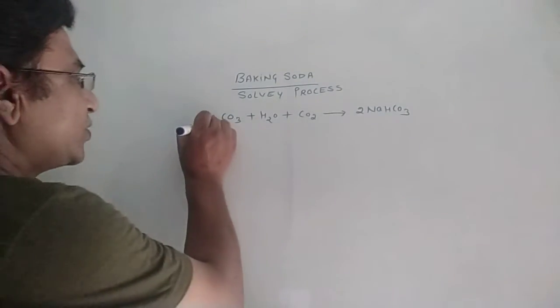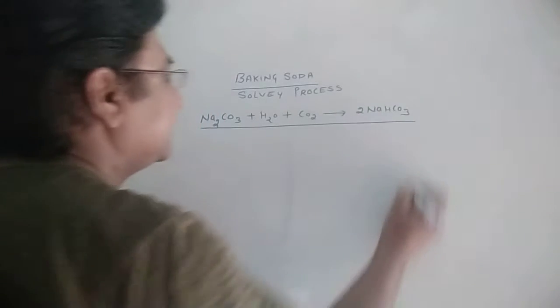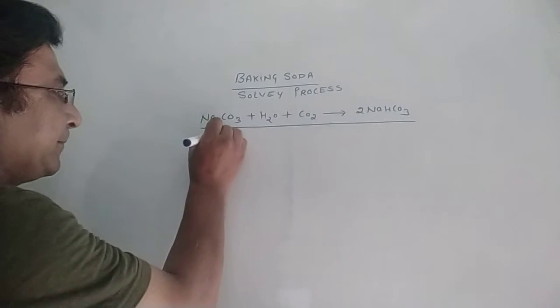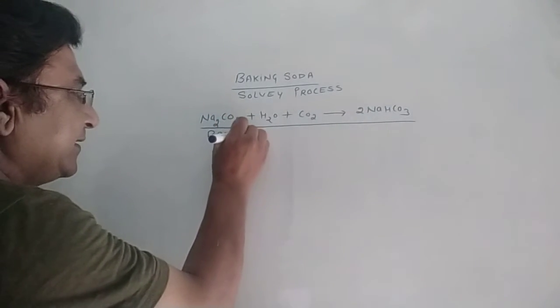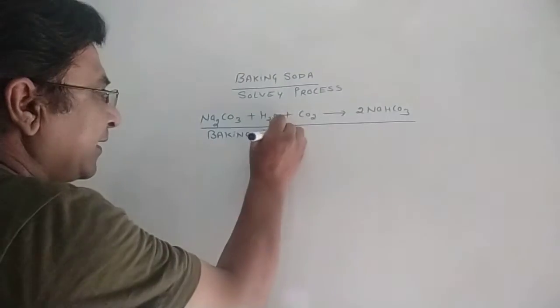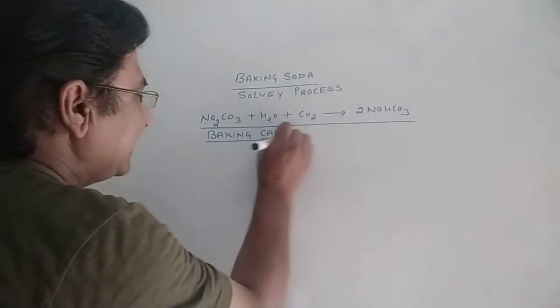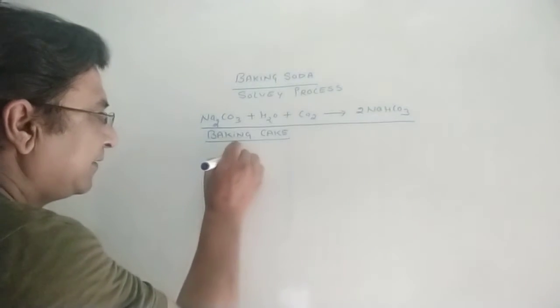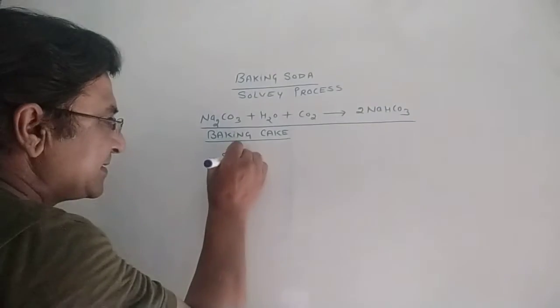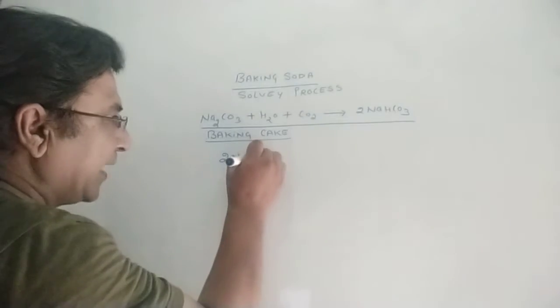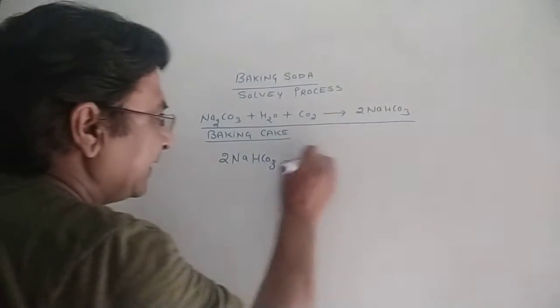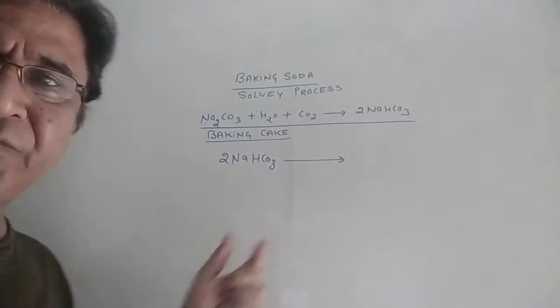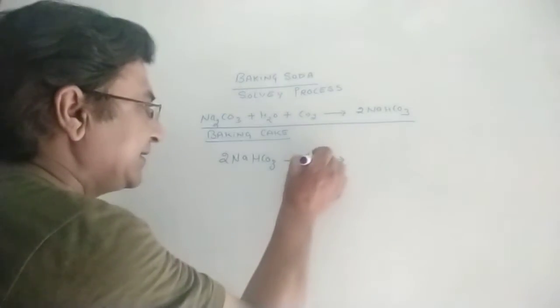Now, this baking soda is being utilized in baking cake. What is the purpose? Let us see. During baking of cake, we add baking soda and heat it.